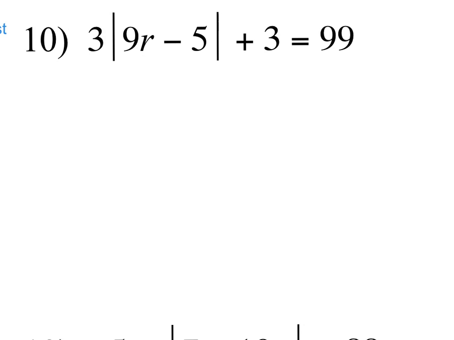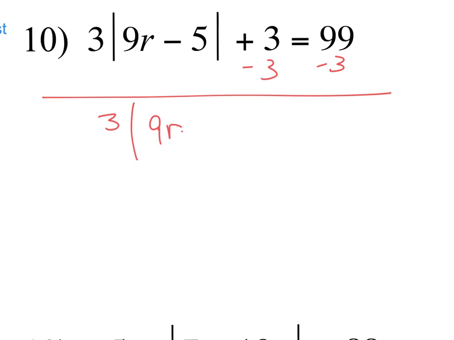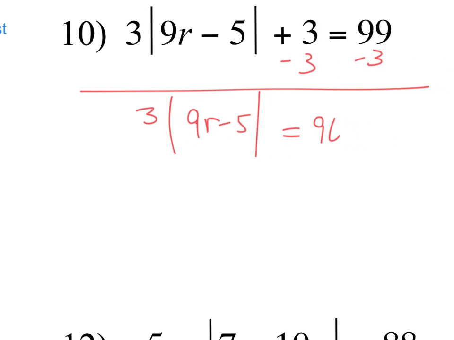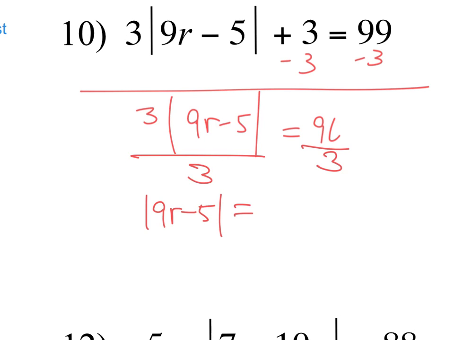Similarly here, we want to first subtract 3 from both sides and get 3 times the absolute value of 9r minus 5 is equal to 96. So dividing this by 3, we'll have the absolute value of 9r minus 5 is equal to 32.